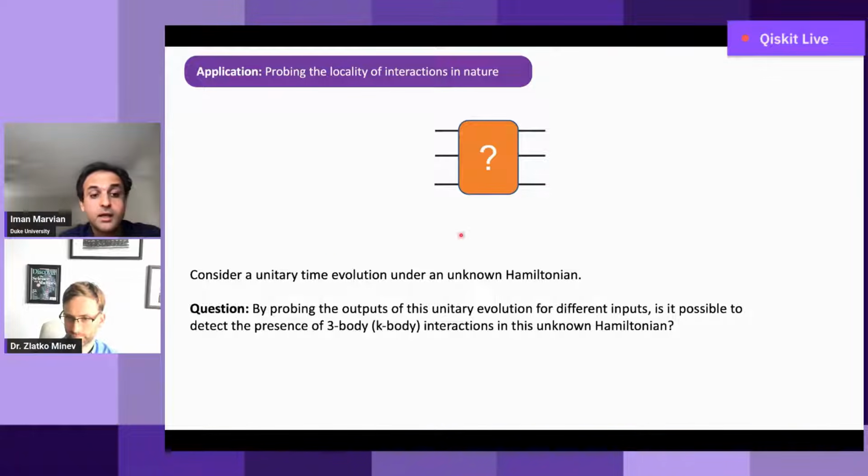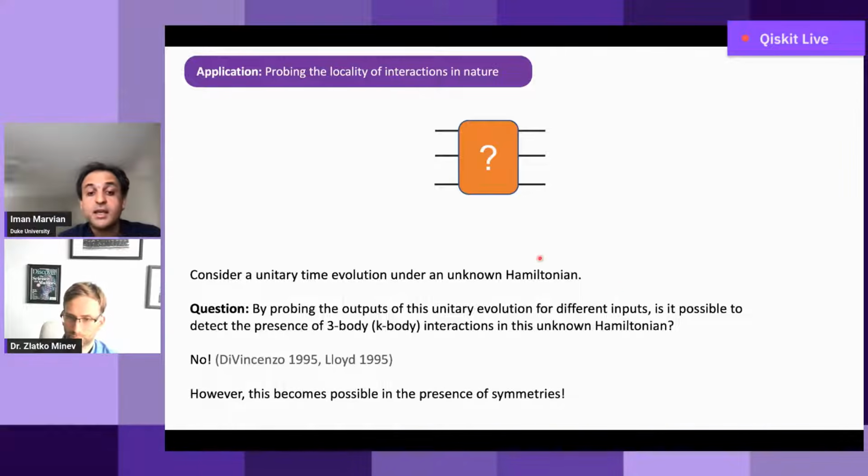And then it turns out that in this sense, the standard universality results that we know, that two-local unitaries are universal, imply that no, it's absolutely impossible. If you just look at the output for different inputs, you can't say whether there's a three-body interaction going on in this process or not, because any unitary transformation is realizable with two-body interactions.